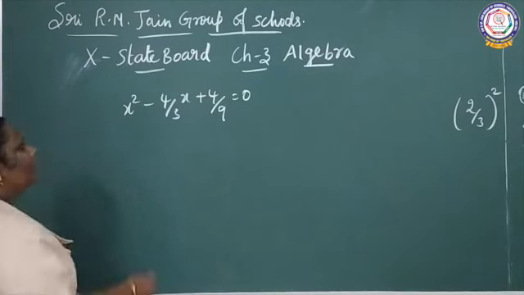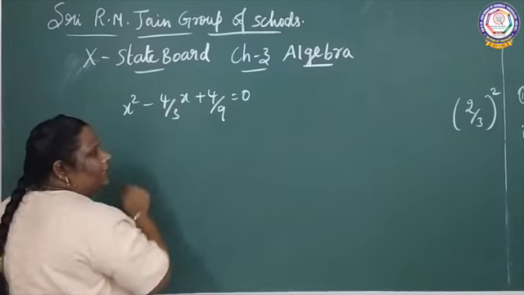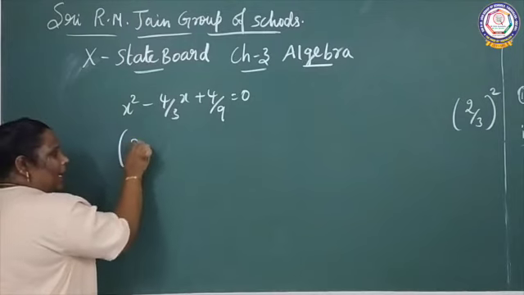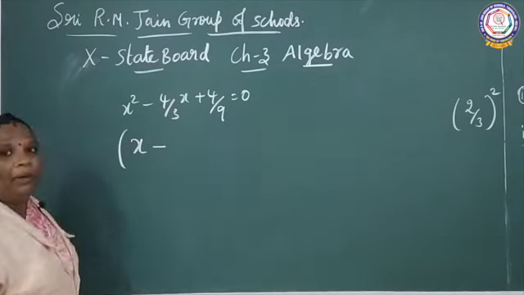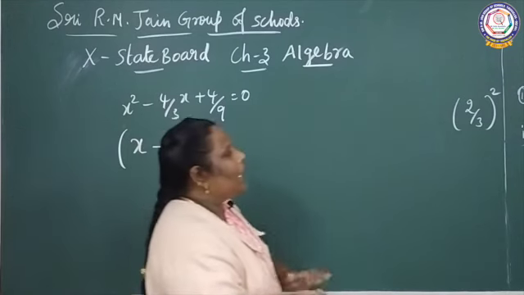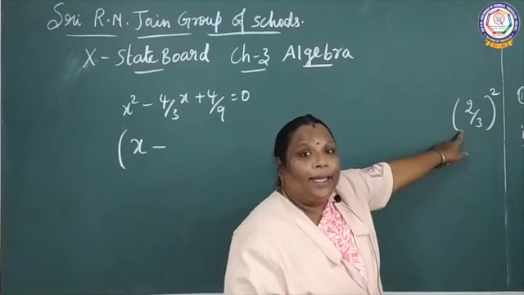See here, x square minus 4 by 3x plus 4 by 9 equal to 0. You will write x, and if it is minus you will write minus, then whatever answer you get here, 2 by 3.